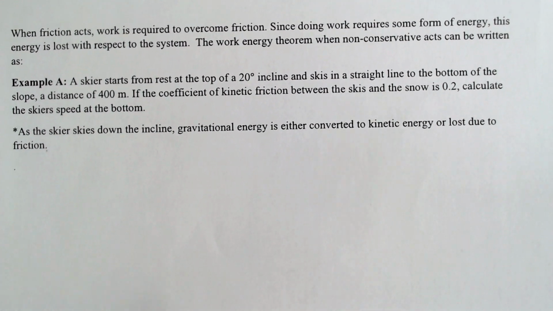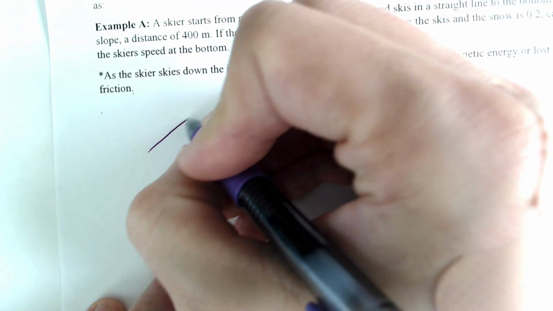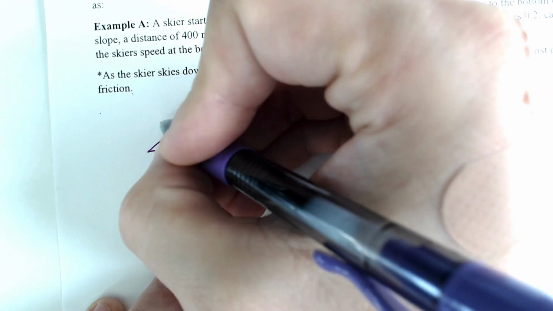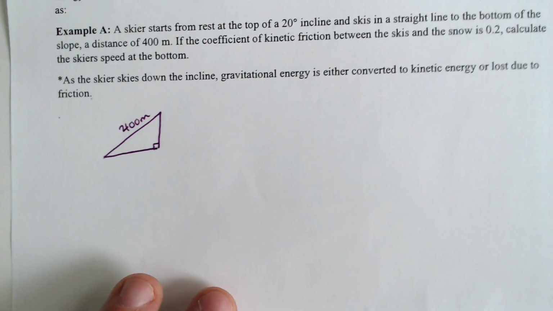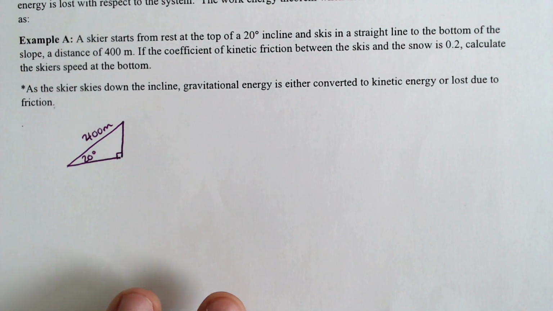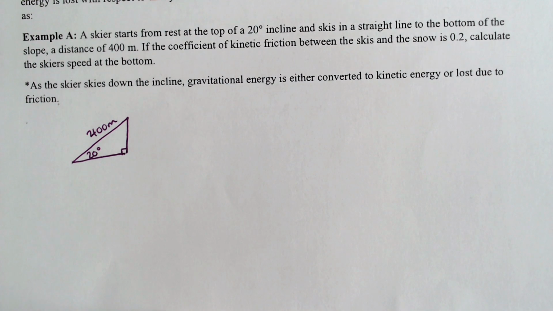All right. So with that in mind, let's draw a picture here for us. We got 400 meters on the incline, and it is a 20-degree incline. All right. With that in mind, I'm assuming it's a skier.